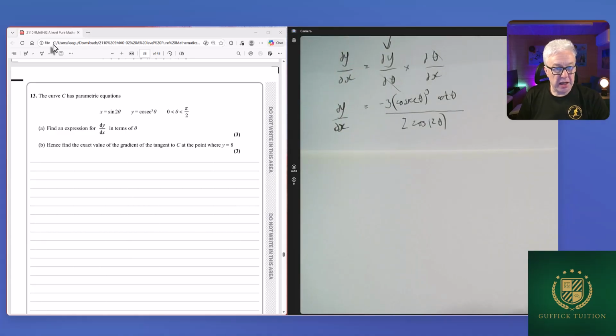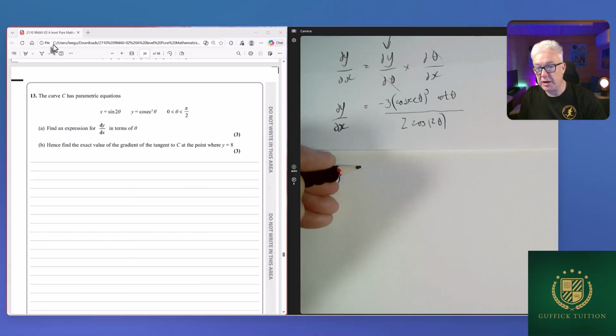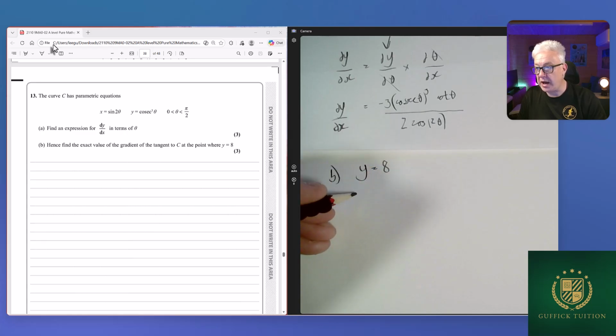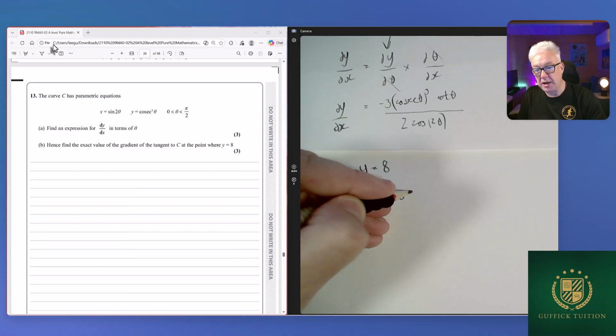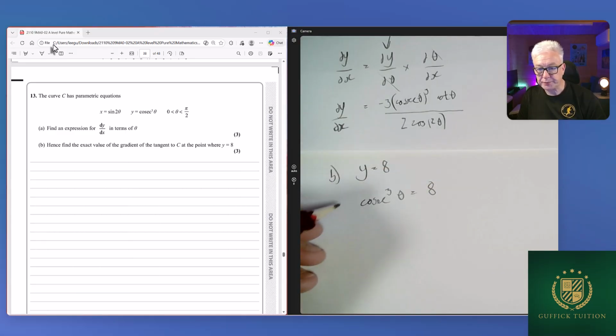So they're telling us at the point where y is equal to 8. Okay, so if we're going to basically use that, we need to know what's the value of theta that corresponds to it. So let's start off with that piece of information. They've told us that y is equal to 8. And y in the question is cosec cubed theta is equal to 8.